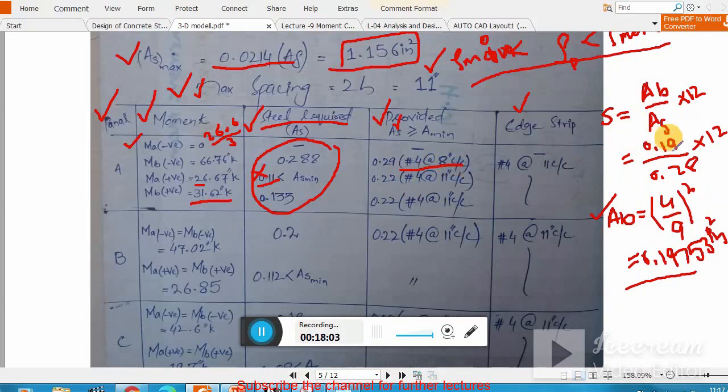Please let me check it. 0.19753 times 12, divided by 0.288.